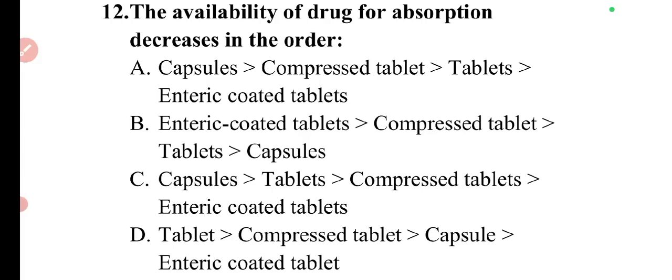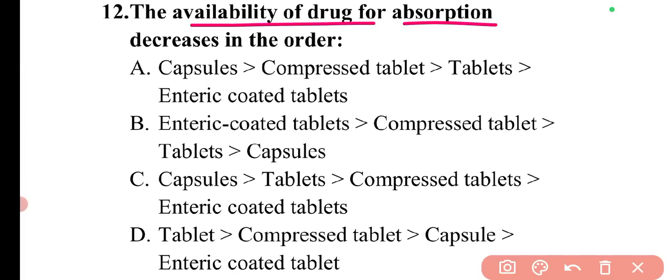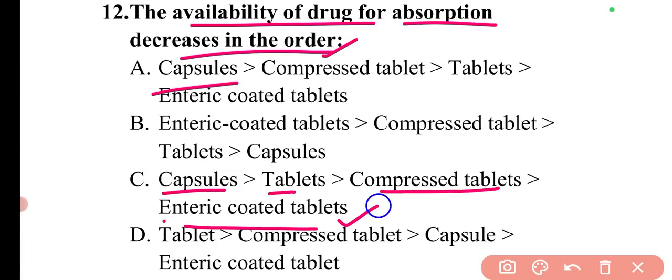Then next question is, the availability of drug for absorption decreases in the order. So what is the order of availability for absorption? Mostly the capsules will be absorbed rapidly as compared to tablets, compressed tablets and enteric-coated.